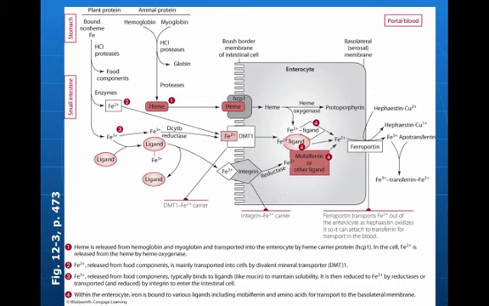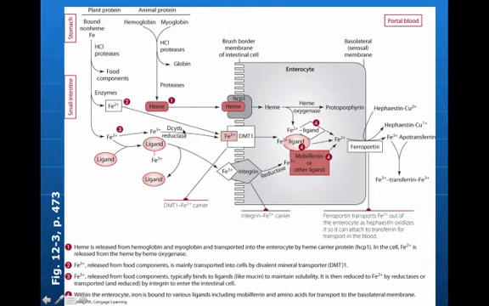So as our iron intake goes up and we become iron adequate, ferritin levels in the enterocytes go up. And that can help us decrease the amount of iron that actually goes through the cell and into the blood, and vice versa.